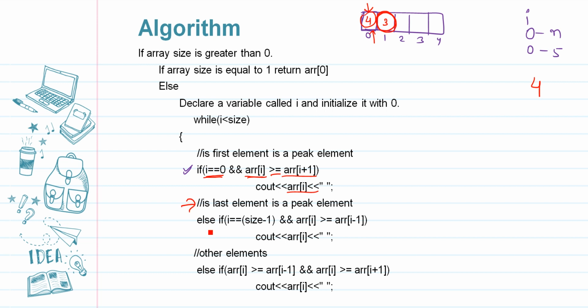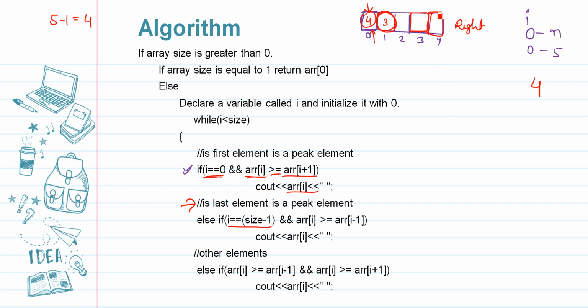Now this condition is for testing the last rightmost element. In the rightmost element, we again need to consider only one neighbor, which is the previous one, right? So in this case, we are testing if I is equal to size minus 1. Size can be, let's say in this example, 5. So the last index will be 5 minus 1, which is equal to 4.